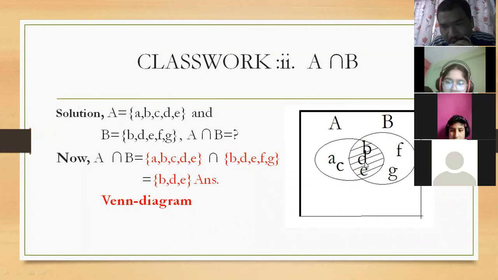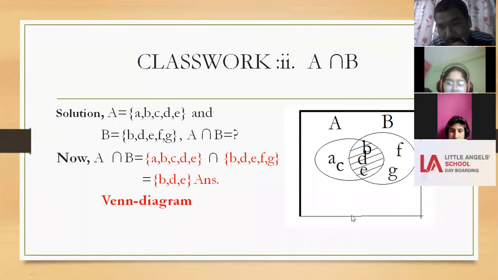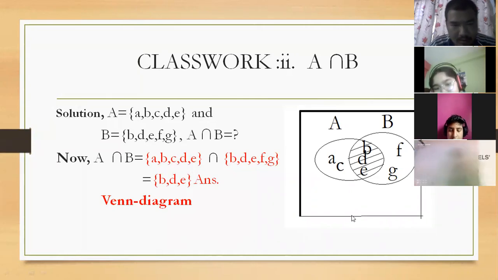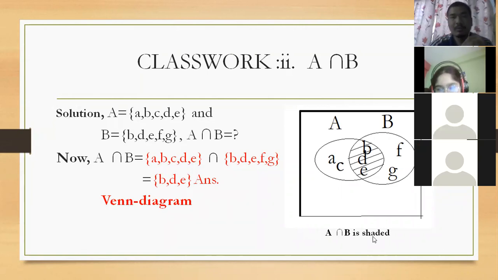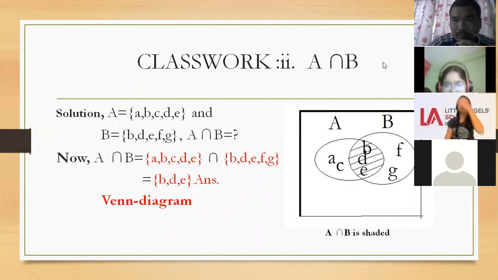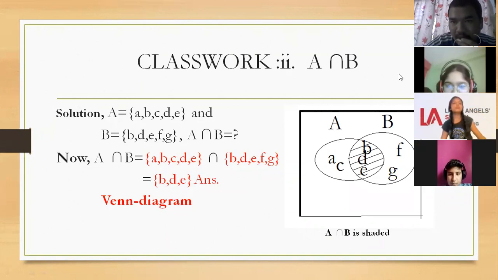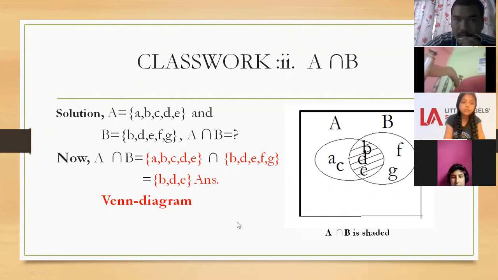And one thing I had told you just now, Aditi, what should be written at the bottom of the Venn diagram? A intersection B is shaded. That should be written at the bottom. Is it shown there or not? Eugene, has it come there? Yes, sir.